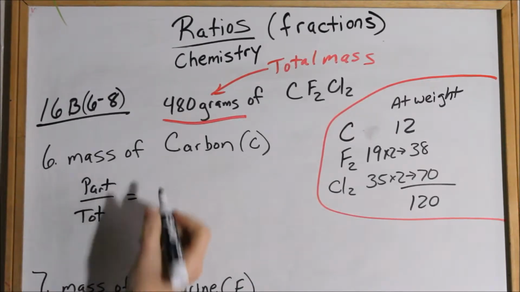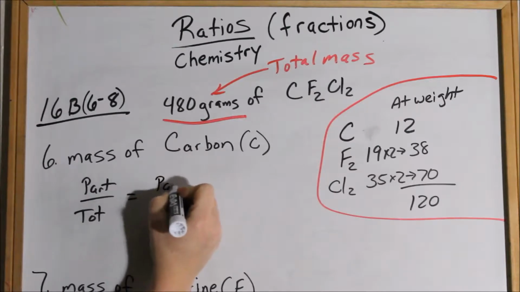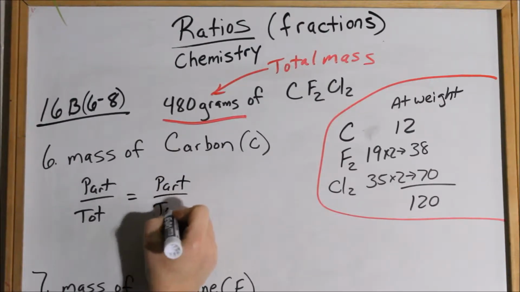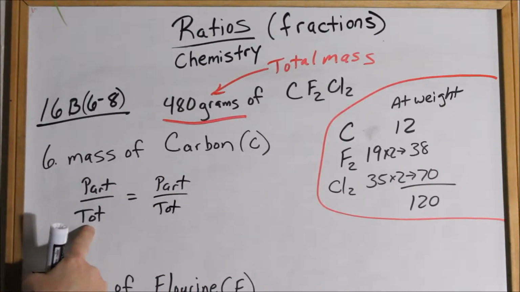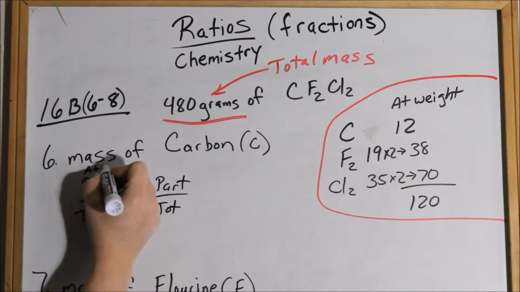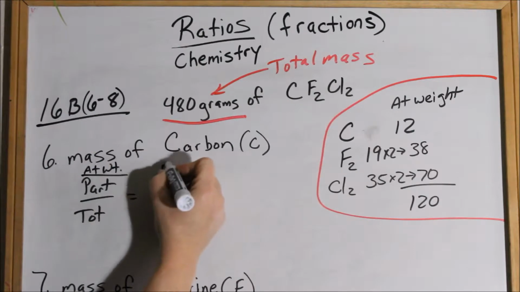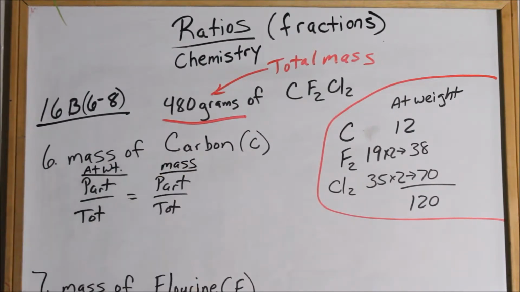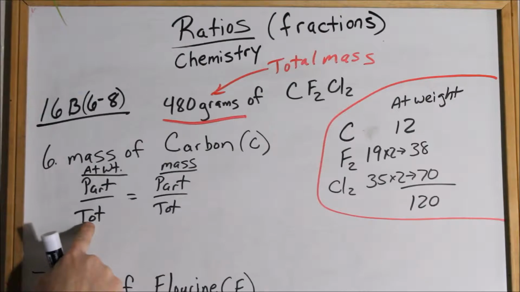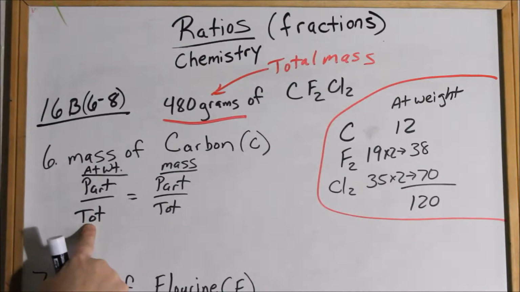We're going to set it equal to another ratio of part over the total. This ratio, we're going to use the atomic weight. This ratio is going to come from the mass. Remember, weight and mass are two very different things, okay? So for this ratio, we're going to go to the atomic weight information.